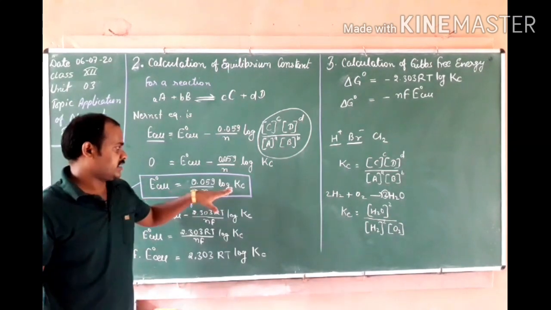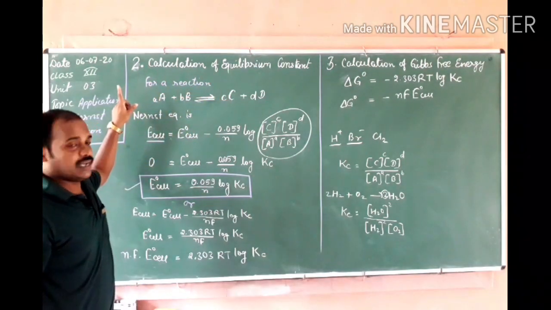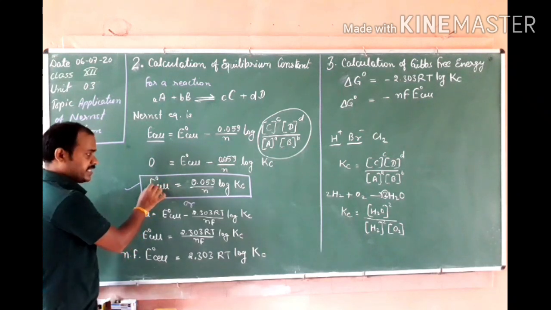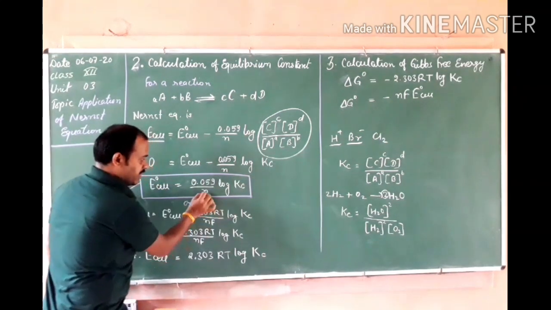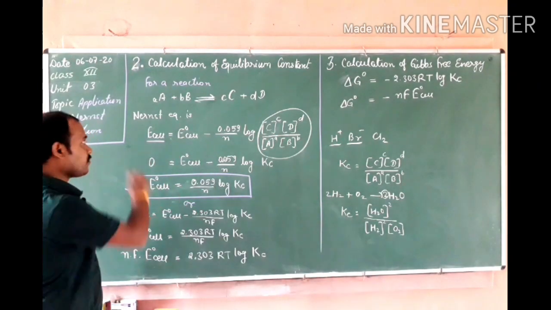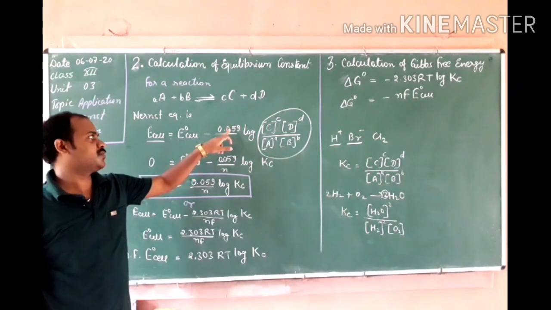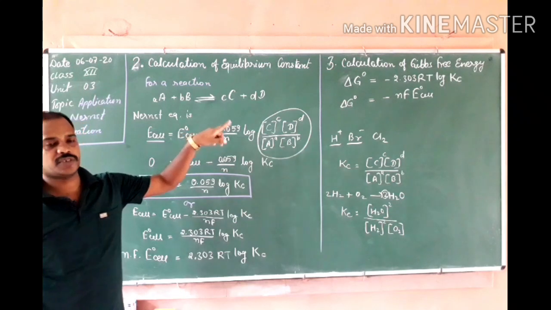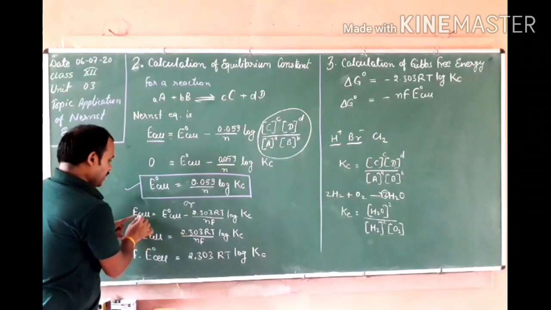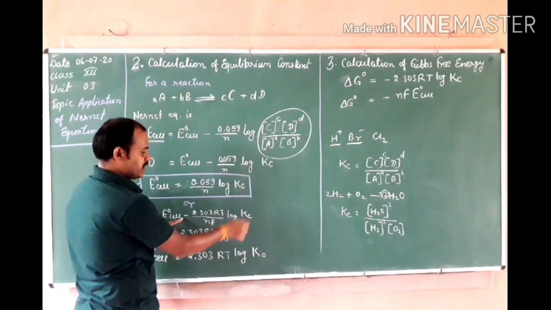So how can we calculate the equilibrium constant by using electrode potential? This is the relation: E naught cell is equal to this one, where n is the number of electrons. Or by the second method, in place of 0.059, we can use 2.303 RT by F, as we calculated in my previous lecture. So E cell is equal to E naught cell minus 2.303 RT by nF log Kc.